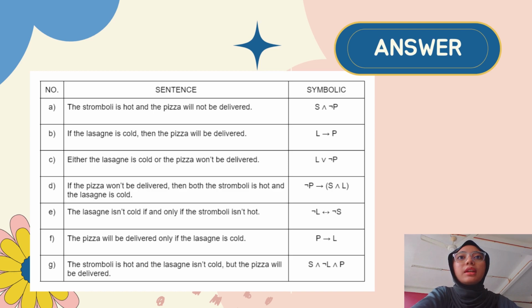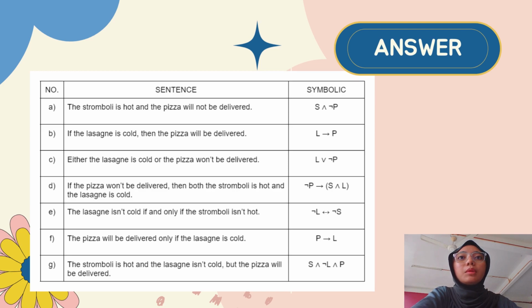For E, the lasagna isn't cold if and only if the stromboli isn't hot, the symbolic form is not L biconditional not S.